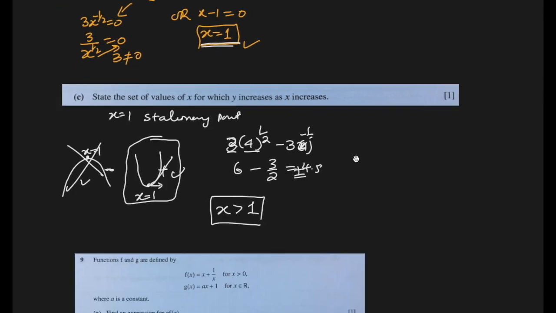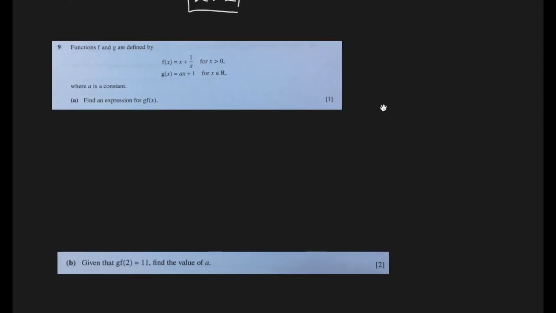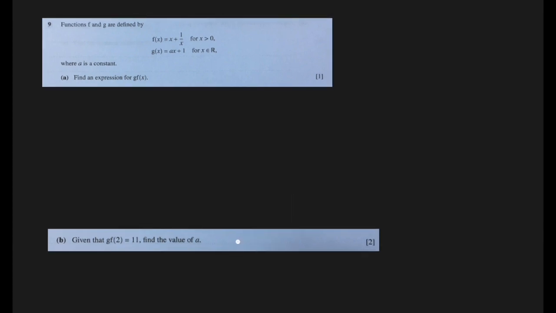Alright. Functions f and g are defined as this, where a is a constant, x is greater than 0, and for g, x are all real numbers. Find an expression for gf(x). gf(x) means g is outside and f(x) is inside.